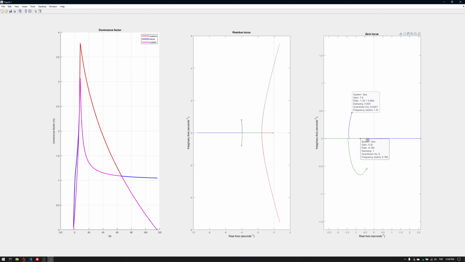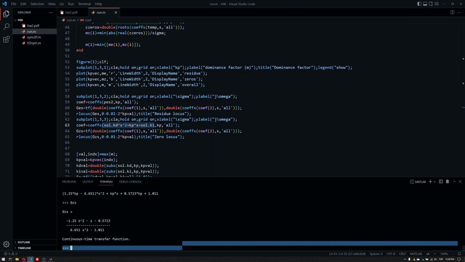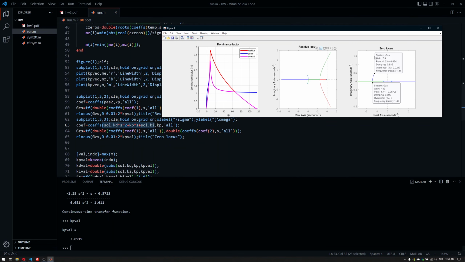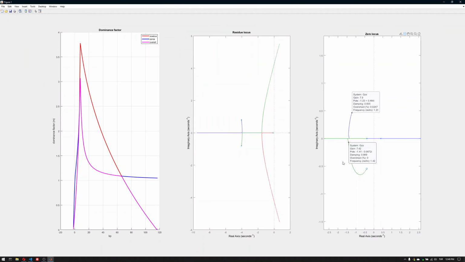So if I move this one here, 7.4, what was our KP val? 7.89. So 7.89. All right.